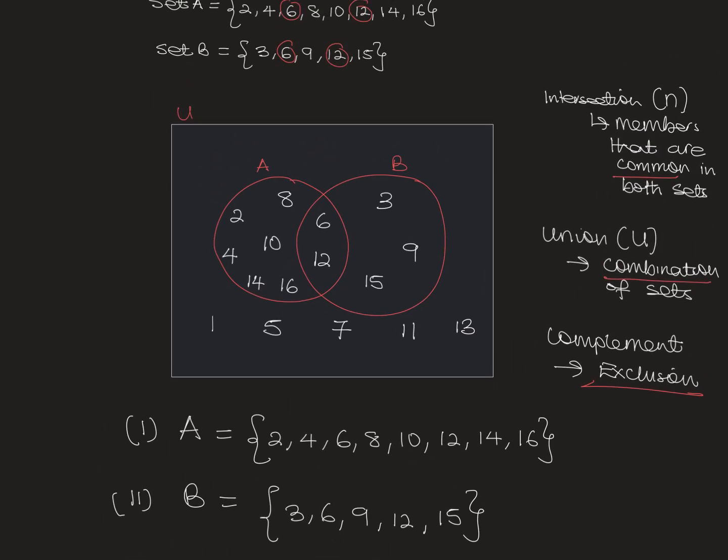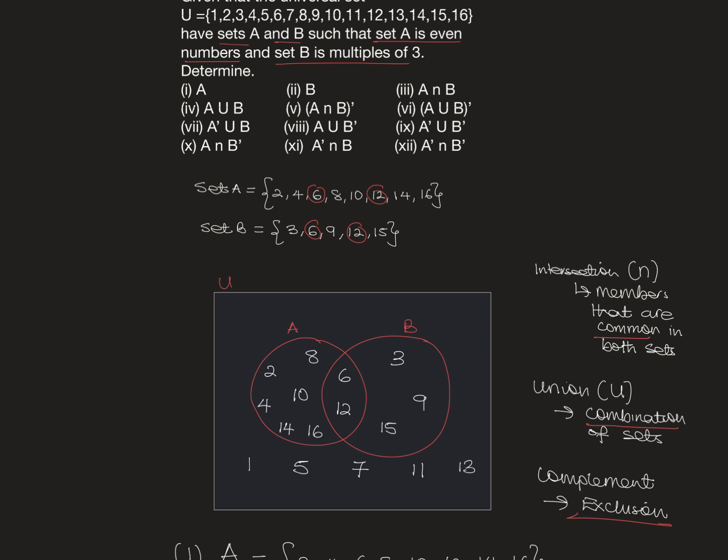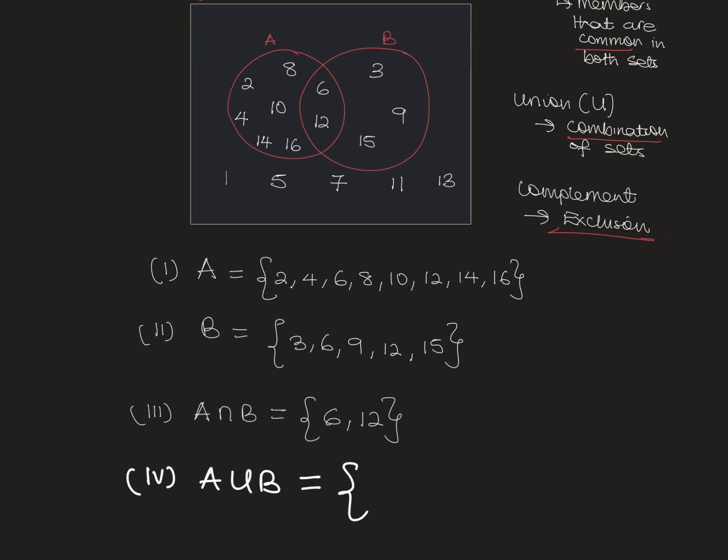Moving on to the fourth question, it asks us to find A union B. The fourth question is A union B, meaning we have to unite set A and set B. That is the members that you have here.